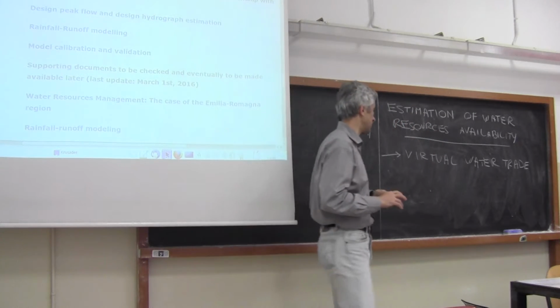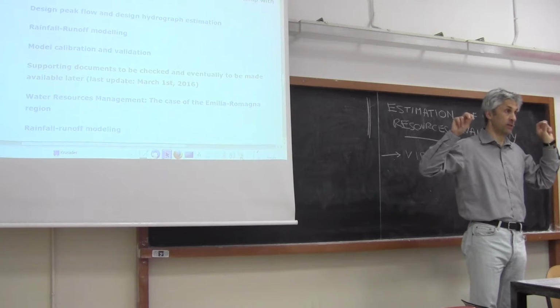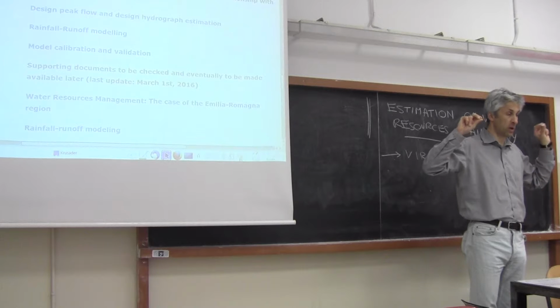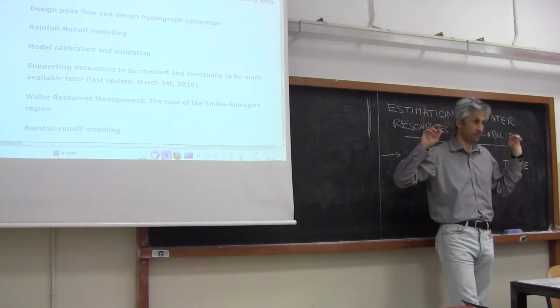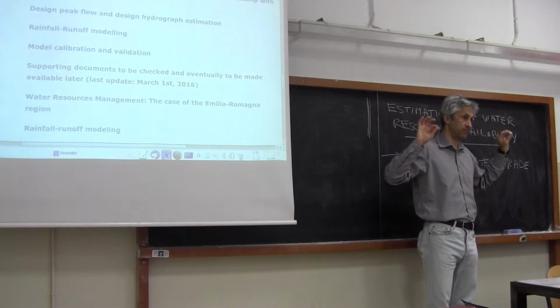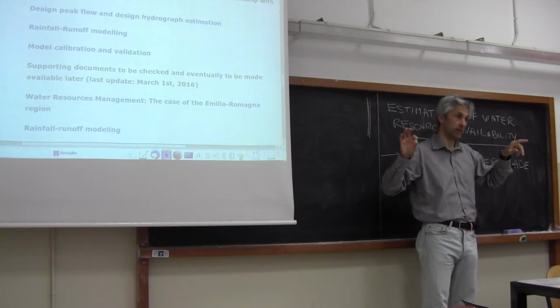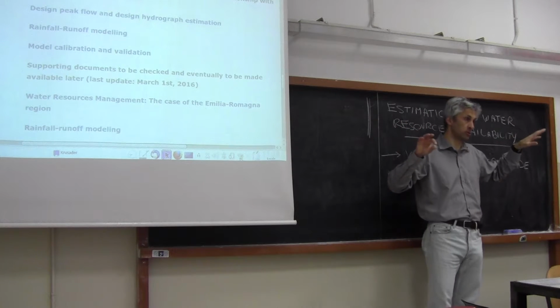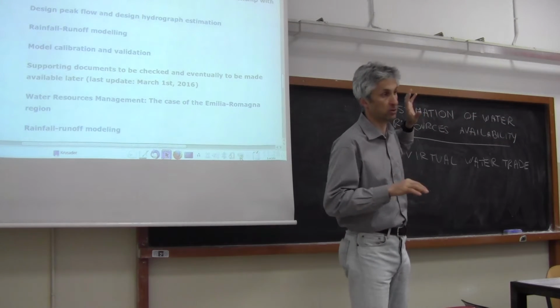And let me start with the analysis of surface water resources. So the question is, how can we quantify surface water resources availability? By using data. And then we will turn to groundwater resources availability, which is much more complicated.